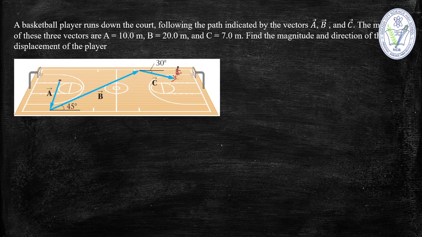Okay, so the red arrow is our resultant vector. So that would be A plus B plus C. And I would name it as vector D, because I don't want to write it in that form. It's very long.